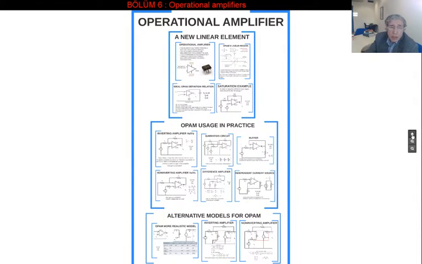Then we said there are some practical circuits which include operational amplifiers, and these practical circuits have been analyzed here. And then we said that if you don't use the definition relation and consider the operational amplifier non-ideal, then we introduce a new model. For this model, we found the outputs and compared them with the ideal case, and looked at the differences of the alternative model. So that is the end of chapter 6.